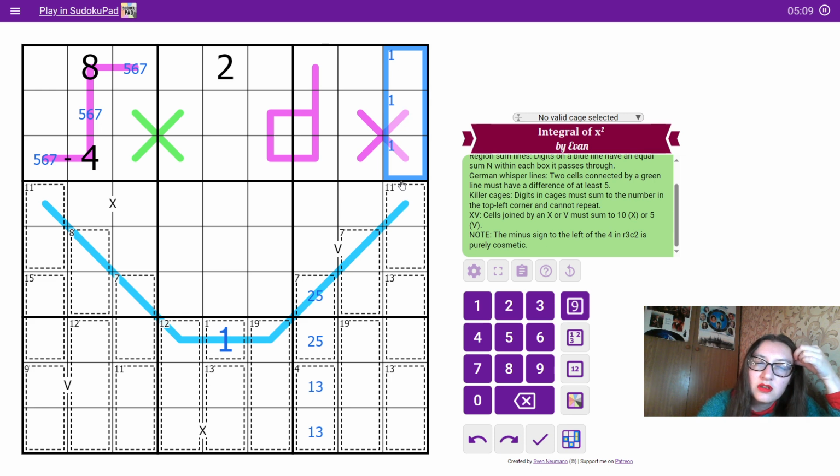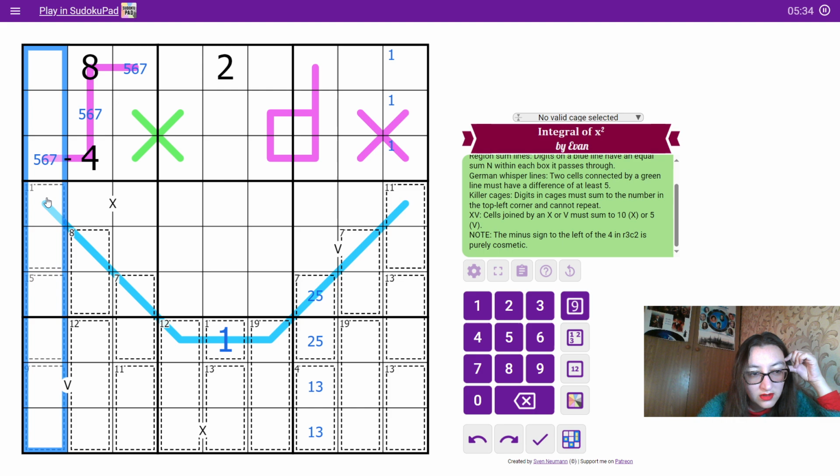So those are 1, 2, 5 or 1, 3, 4. Is that correct? 1, 3, 4. 3 plus 4 is 7, and plus 1, yeah. So 1, 2, 5, or 1, 3, 4. Okay. But the 1 goes there.